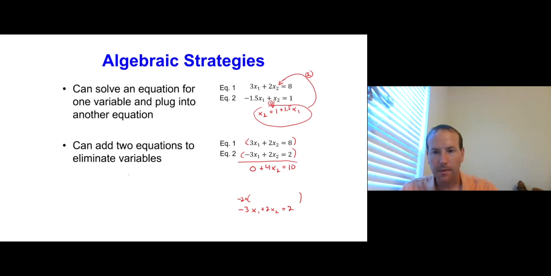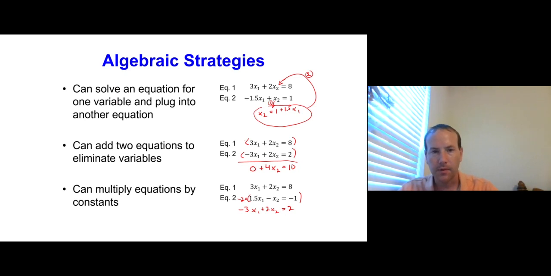The other approaches that you may have seen are algebraic strategies. For example, one of them is to solve an equation for one of the variables, like x2 right here, and then substitute that into equation 1. That can be an effective strategy. Another approach is to add two equations to eliminate variables. So, for example, if you had these two equations, if you add them together, you could eliminate the first term.